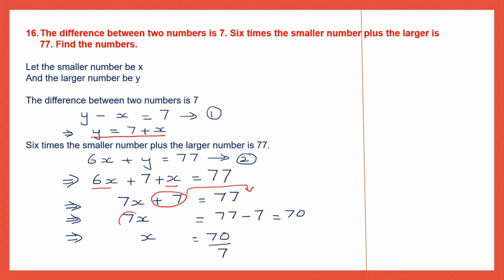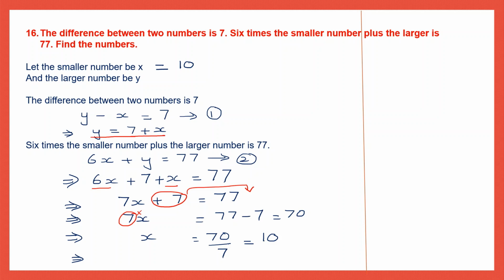We have transposed this multiplication to the right hand side. It's become division. So 70 divided by 7. 7 tens are 70. So now we have found the smaller number. The smaller number is x, we said right in the beginning. So x is equal to 10, the smaller number.